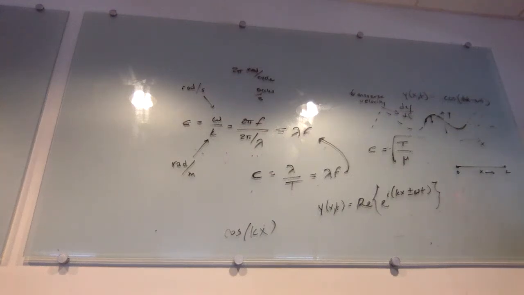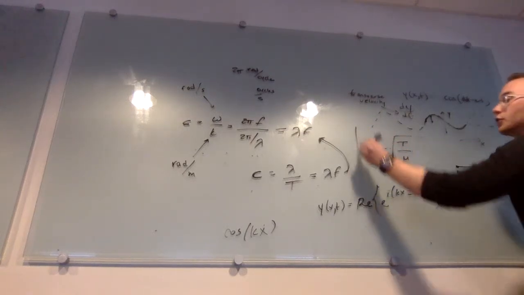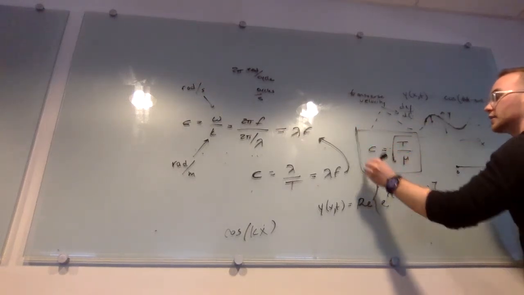And it turns out that the standard example that is going to be used 90% of the time is a string with fixed ends where there's some tension on it, right? So it's a string with some length, fixed ends, some tension, and some mass density mu. And there's a derivation in the book that's probably a little dry, that you could find the speed of a wave on a string with tension and mass density mu.